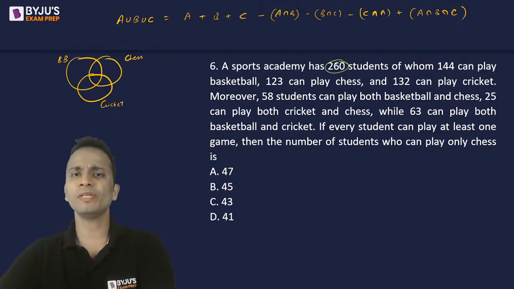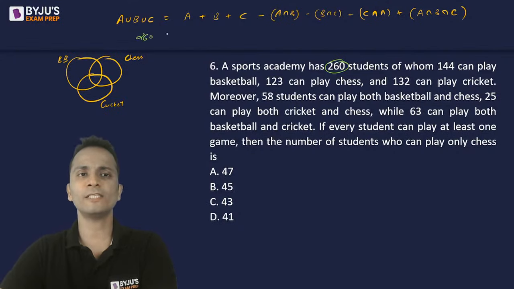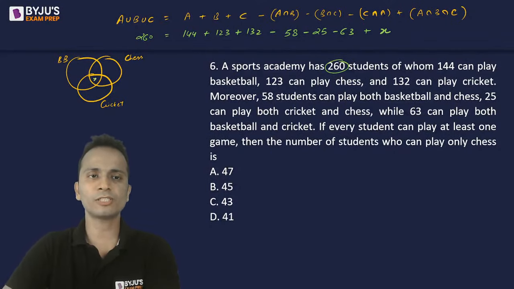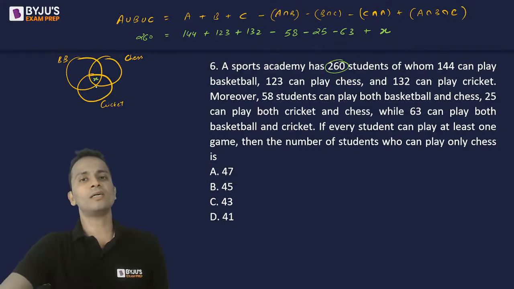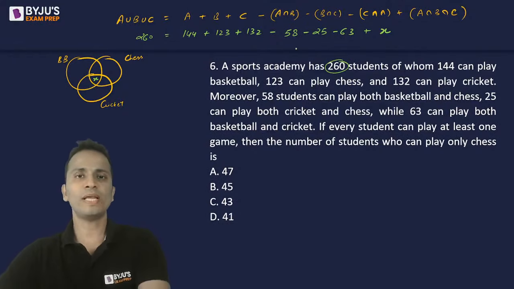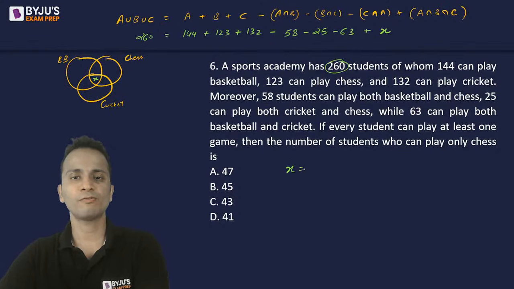Now A union B union C is given as 260, that is equal to 144 plus 123 plus 132 minus 58, 25 and 63, plus A intersection B intersection C, that is this innermost region, basically the students who play all the three sports. So I'll calculate the value of x from here.